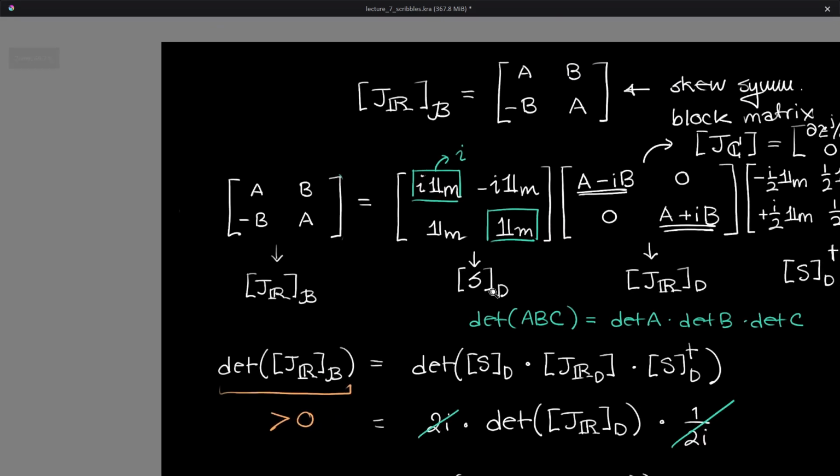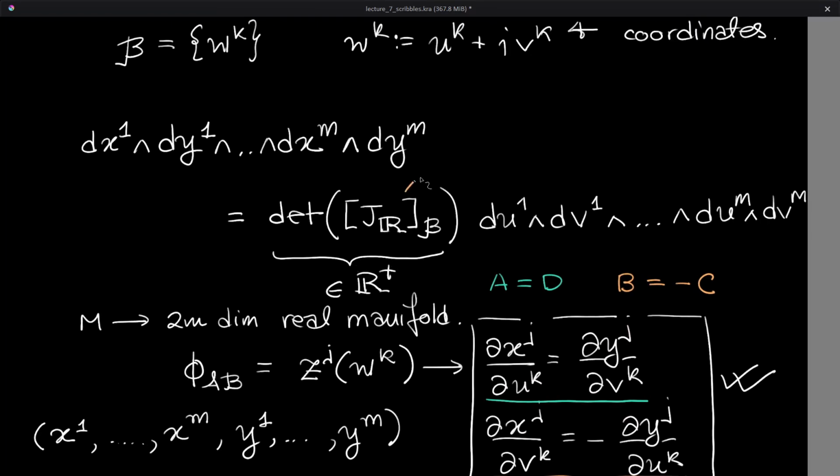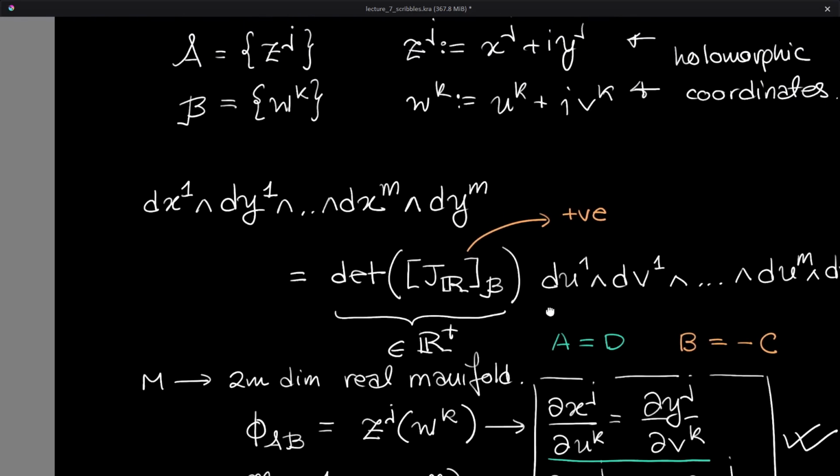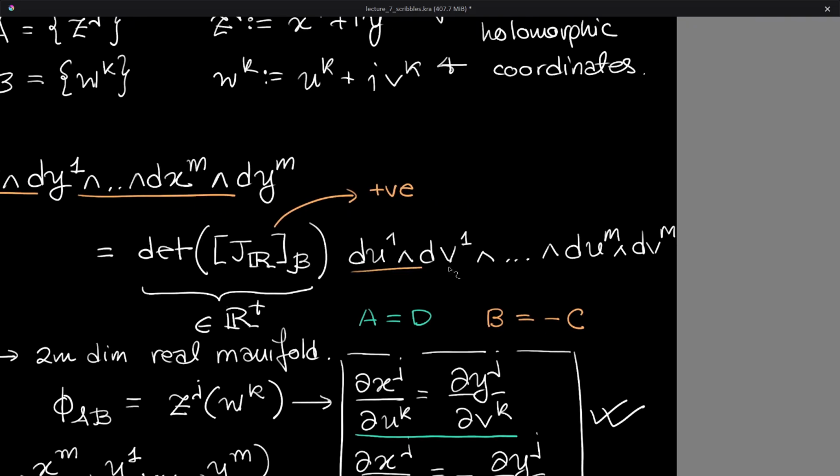Because remember, if we go back to the part where we were saying that, so now we know that this is definitely positive, which means that these two local coordinates have the same orientation, right?